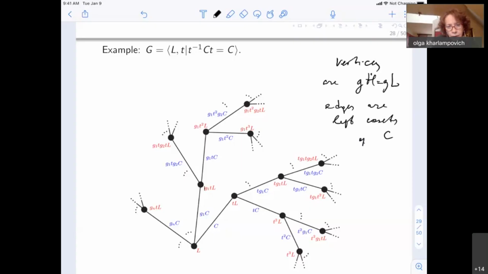So look, there is a vertex which corresponds to L itself, right? And then this is a left coset TL. And the stabilizer of this vertex is L. The stabilizer of TL is TLT inverse, right? So it stabilizes TL.